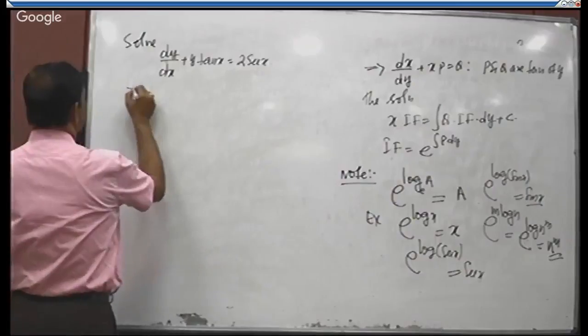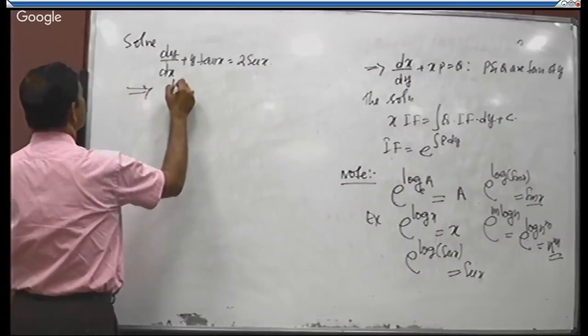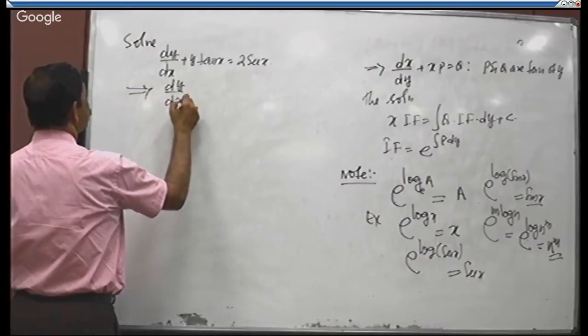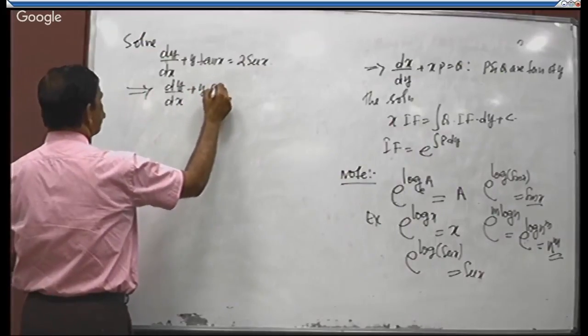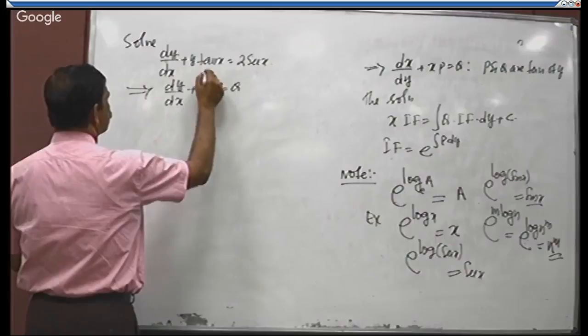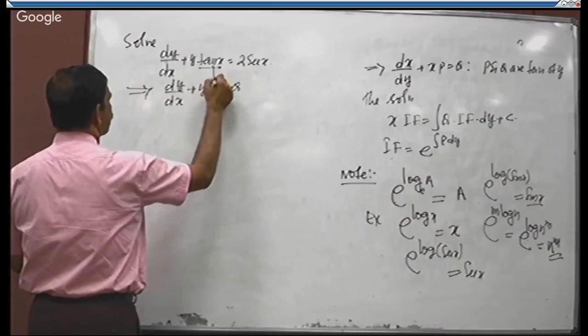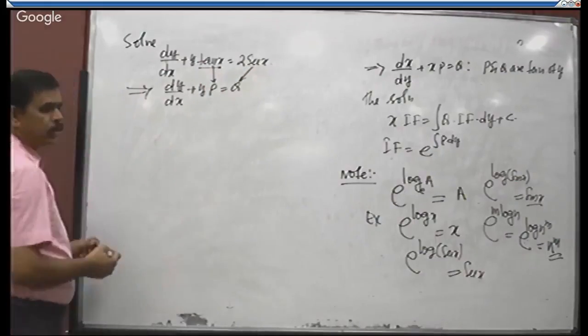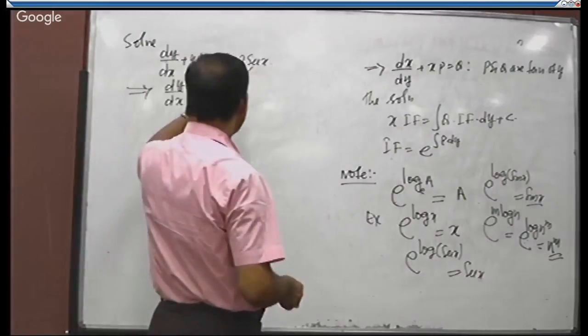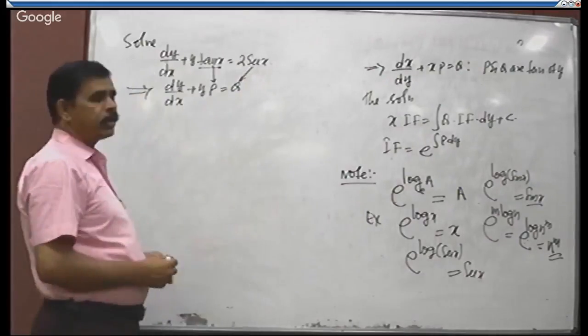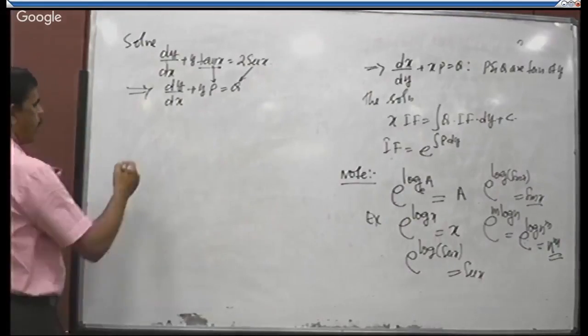First, identify or compare this with the standard form. What is the standard form? dy by dx plus y into p is equal to q. Therefore, this is p and this is q. What is p? p will be tan x. What is q? q will be 2 secant x.